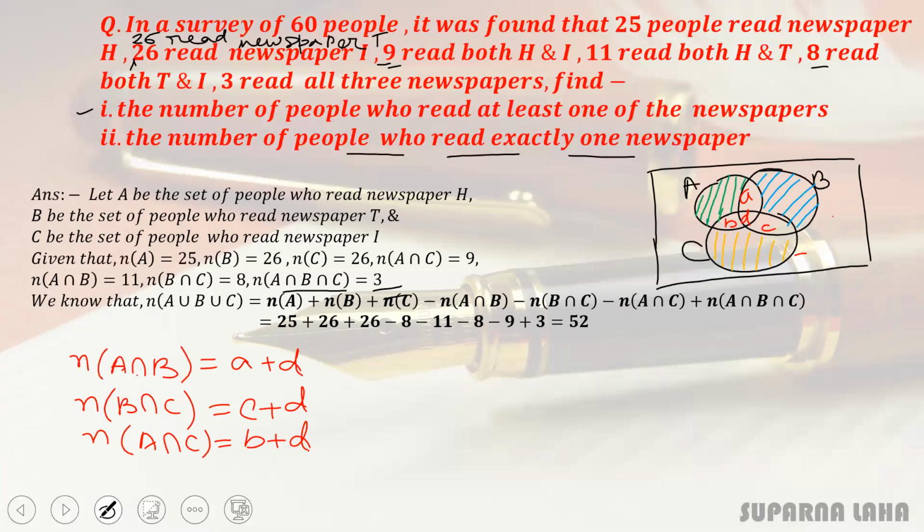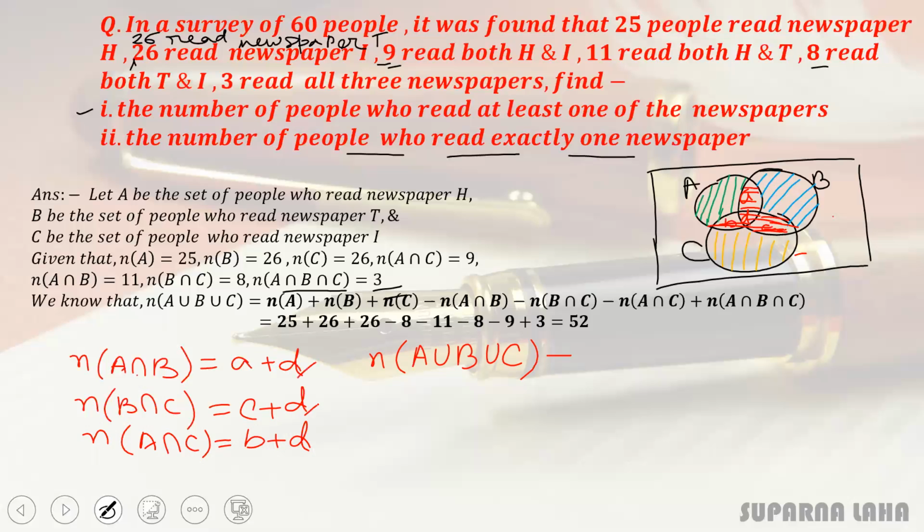Now you need to subtract this intersection part, this red shaded portion, from the number of elements in A union B union C. Look at that.